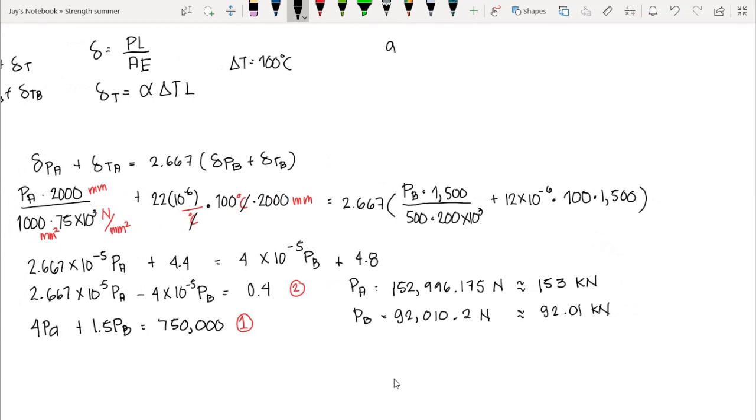Okay? So our goal here, of course, is to compute for the stress. It's letter A. So for the stress on bar A, we have P over the area.